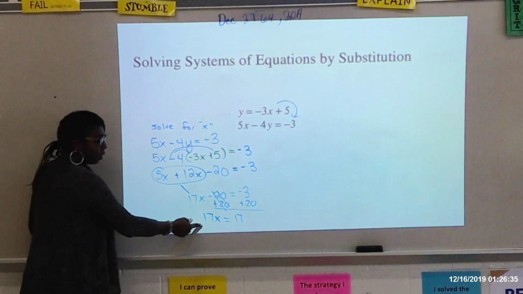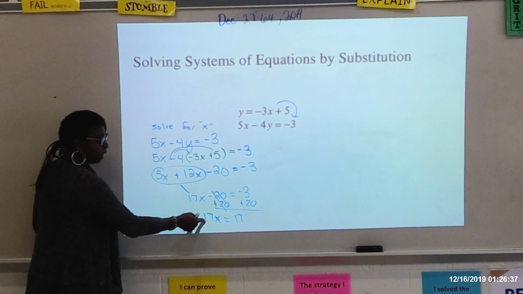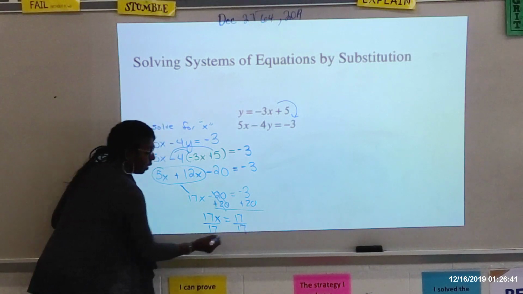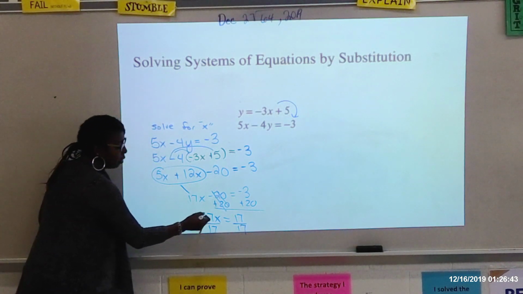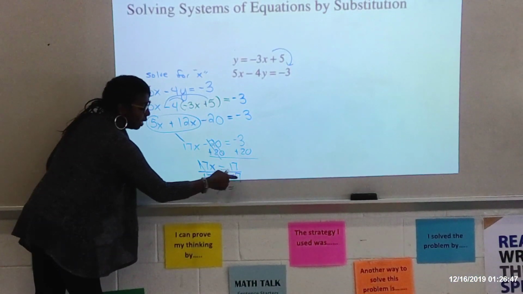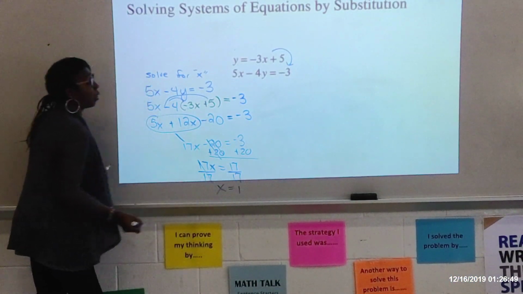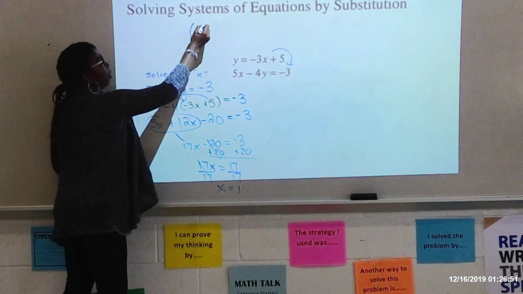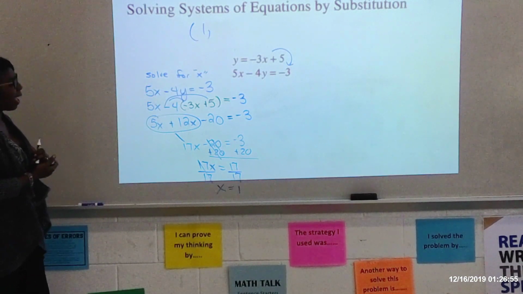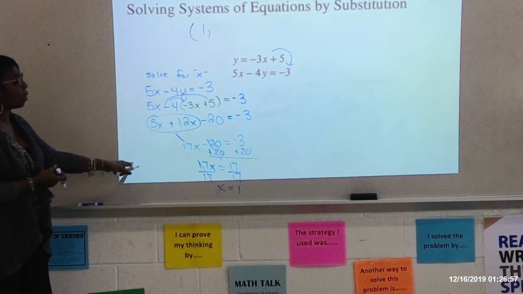The inverse is to divide by its coefficient of 17 on both sides. 17 will go into 17 one time, which leaves me x. 17 divided by 17 is 1. So we're writing the first part of the solution, which is your x value, is 1.